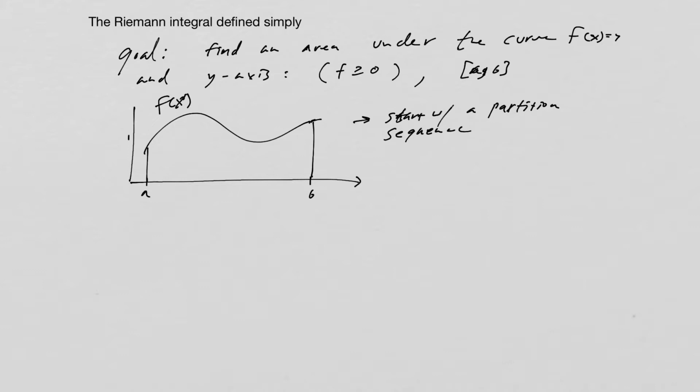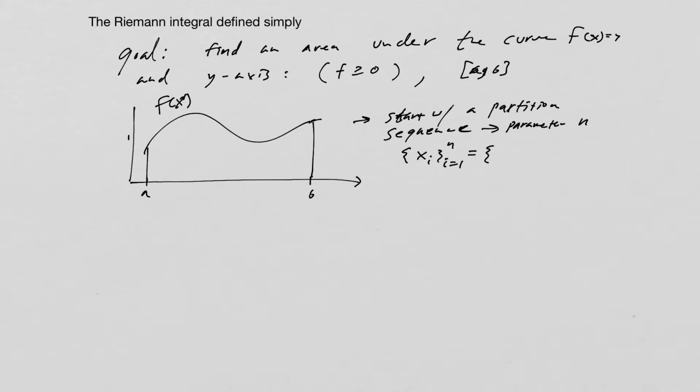So we're going to define a set xi, where i goes from 1 to n, and this partition sequence is going to be defined by a parameter n.